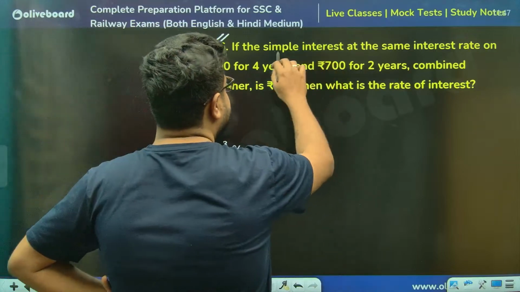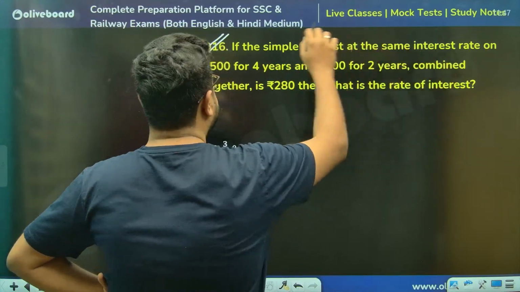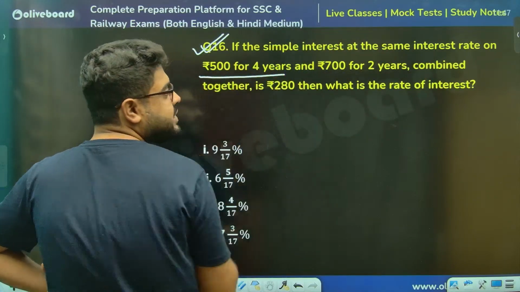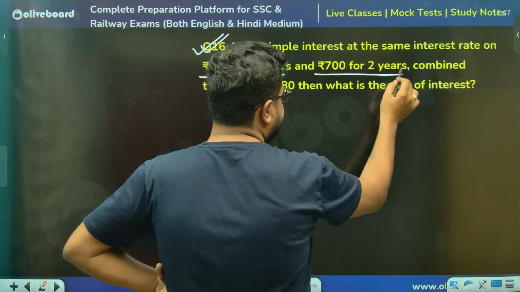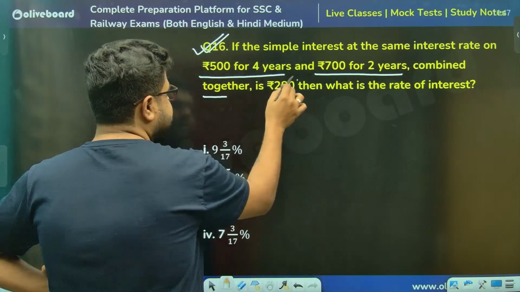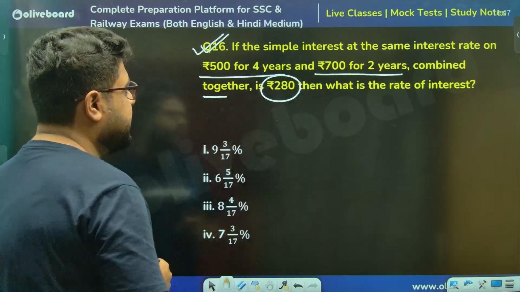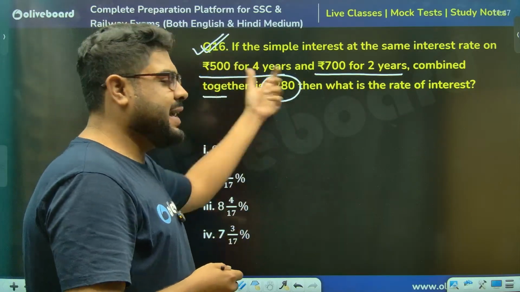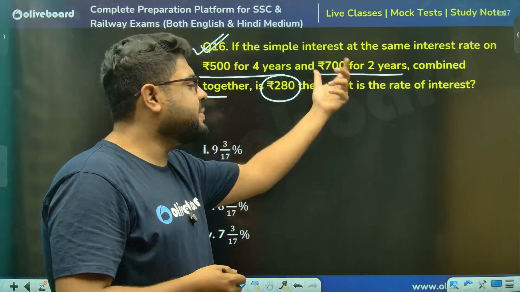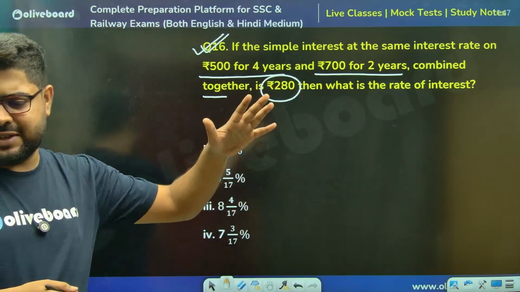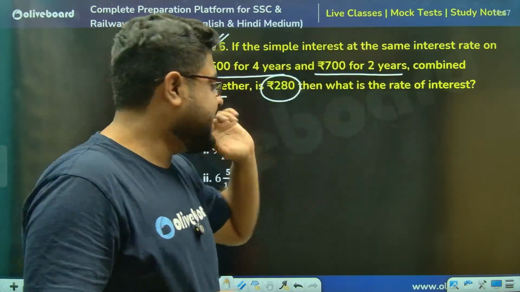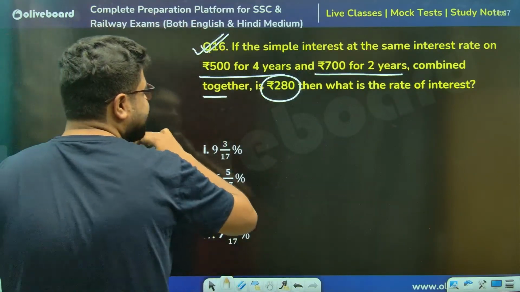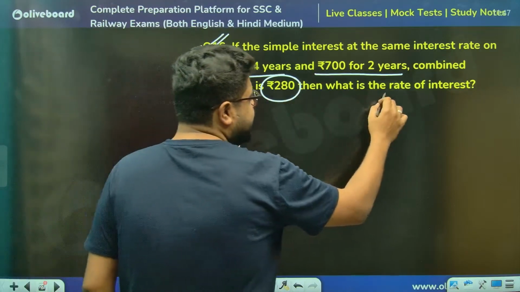Simple interest at the same interest rate on 500 for 4 years and 700 for 2 years combined together is 280. ठीक, what is the rate of interest? So you can do it by allegation, you can do it by weighted average, बहुत कुछ. But I'm doing it very simply. Sir, rate of interest I don't know.